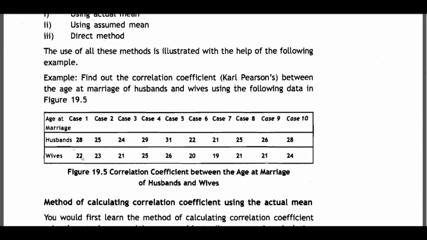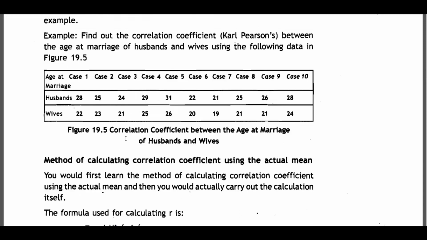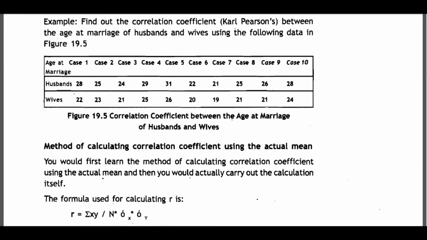In case 1, the husband's marriage age is 28 and the wife's marriage age was 28. Case 2, it's 25 and 23. Case 3, 24 and 21, like that. So we have the data for the correlation coefficient between the age at marriage of husbands and wives.